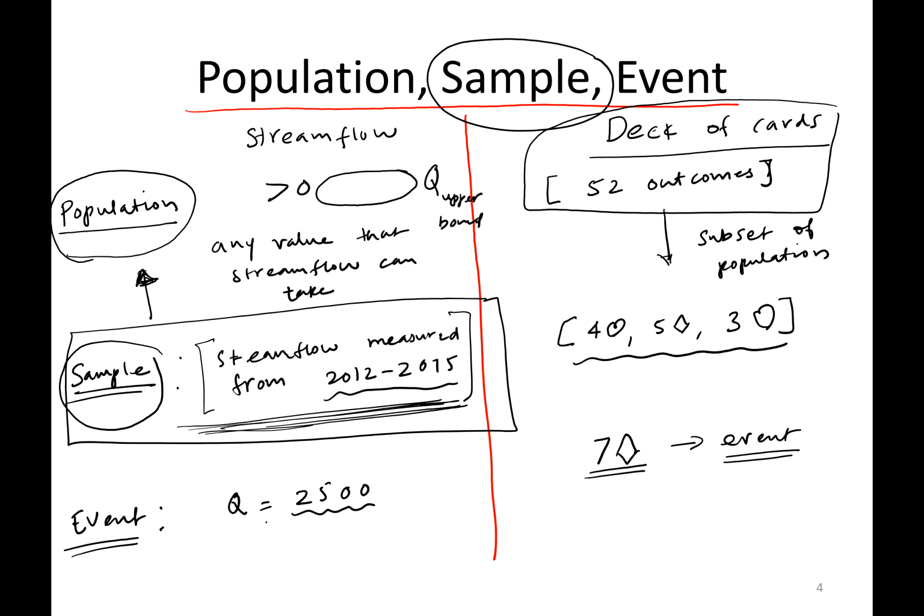You will rarely get a flow that will exactly match this value. So in this case, an event could be Q greater than 2500 and maybe Q less than 2600. You will get some value between these two, and that becomes your random event. We'll talk more about this in the next slide.